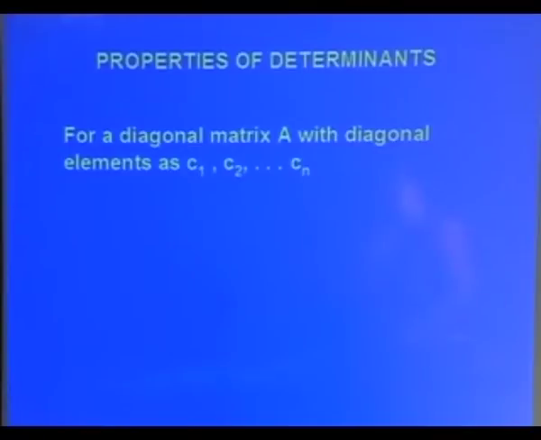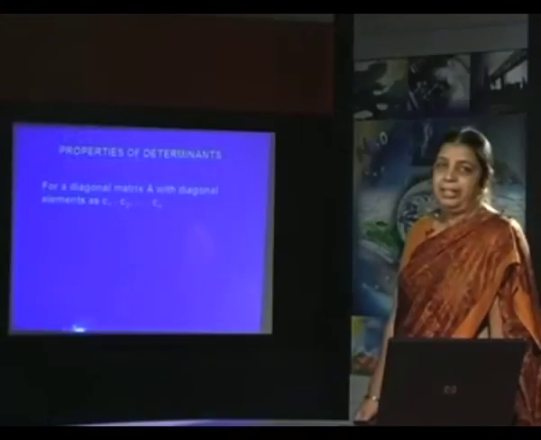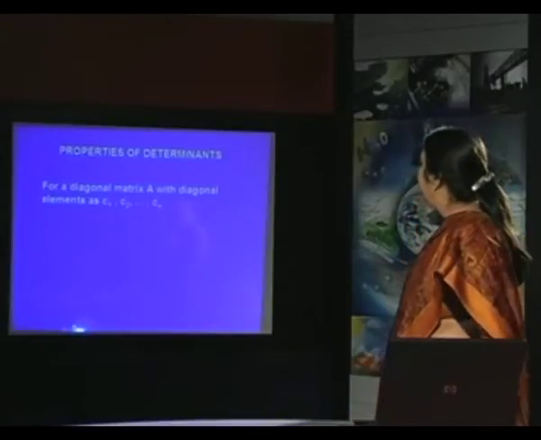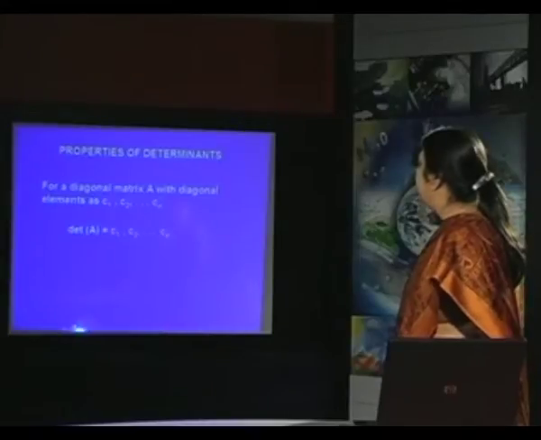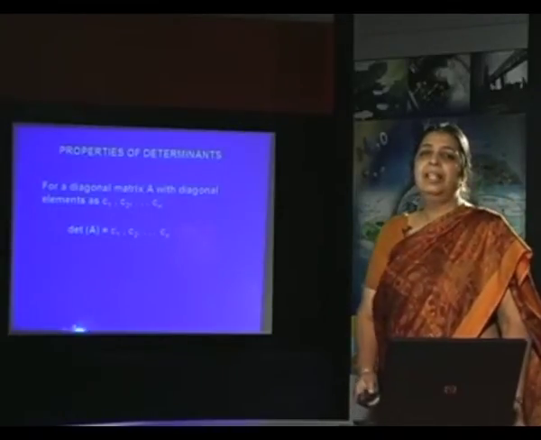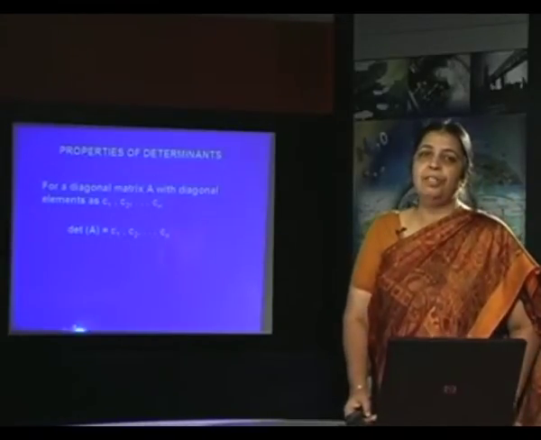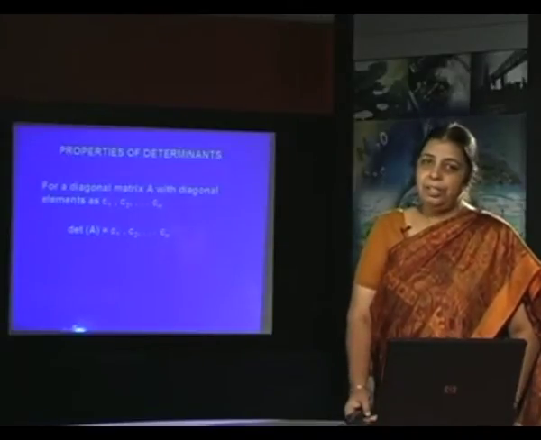The things will be further simplified if we talk about some special matrices like the diagonal matrix. Now, if we have a diagonal matrix A having elements C1, C2, Cn, a diagonal matrix means it has only the diagonal elements non-zero, and the rest of the elements are 0.